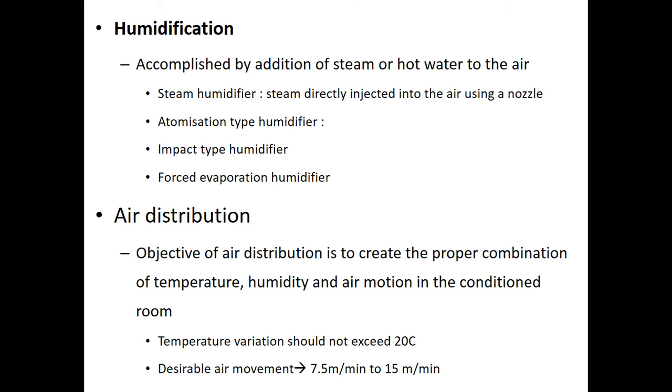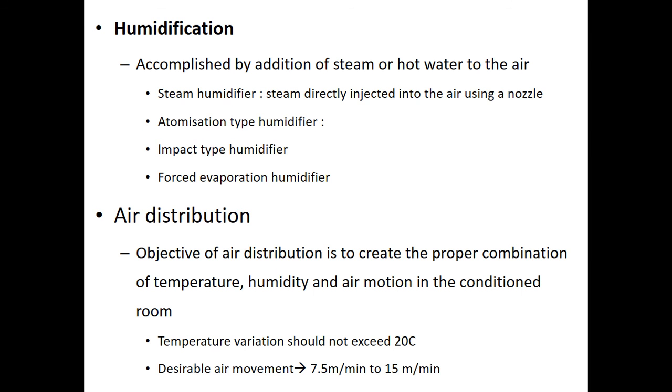But for comfort air conditioning, or for human air conditioning, this technique is hardly used because the temperature control is difficult and it carries odors which are not suitable for the occupants in the room. The second type is the atomization type humidifier. As the name implies, you are going to atomize the water into the airstream.